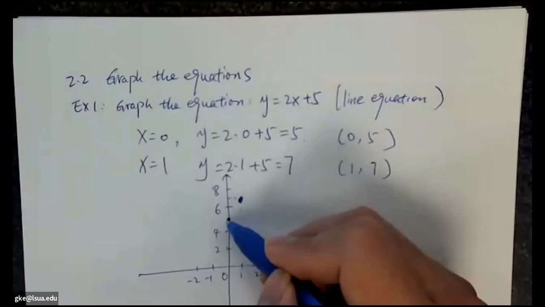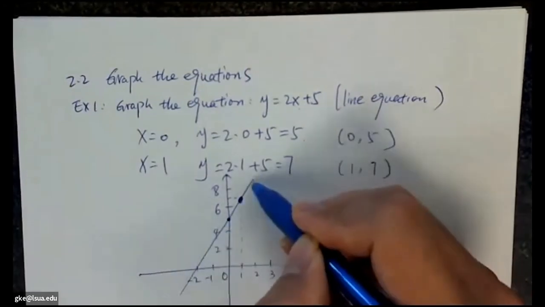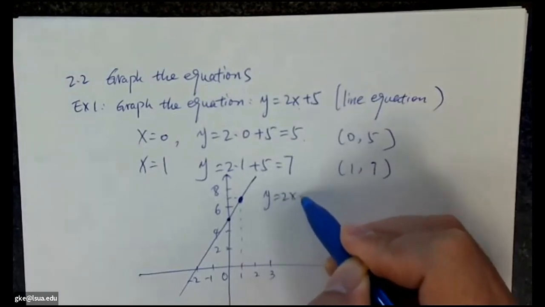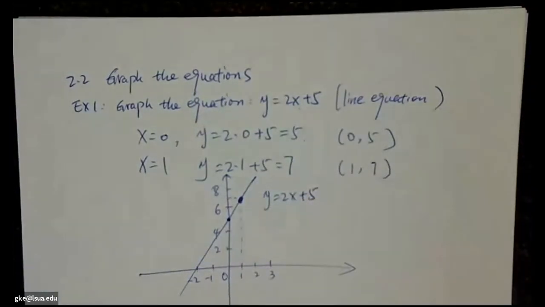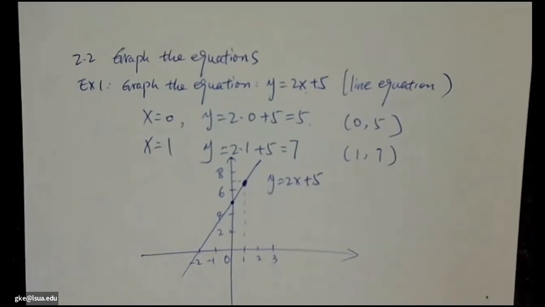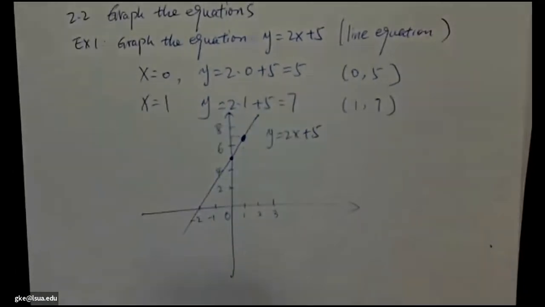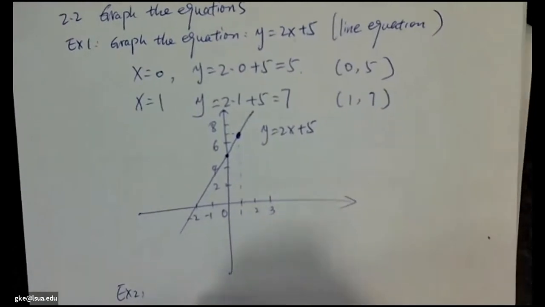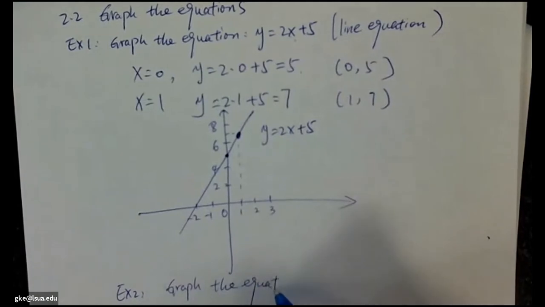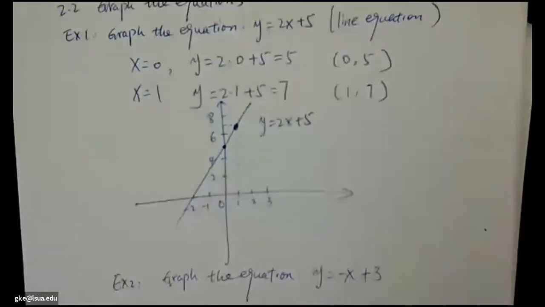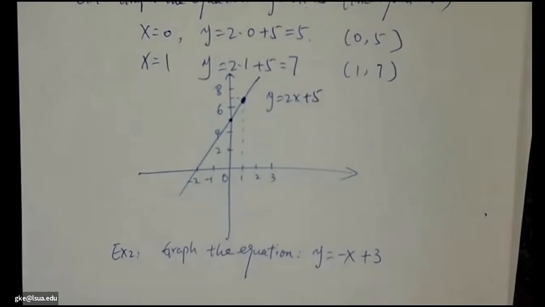And we connect these 2 points. And that is y equals 2x plus 5. Okay, so 2 points determine a line equation. Now I want you guys to try it. Graph the equation y equals -x plus 3. Try it by yourself, okay?